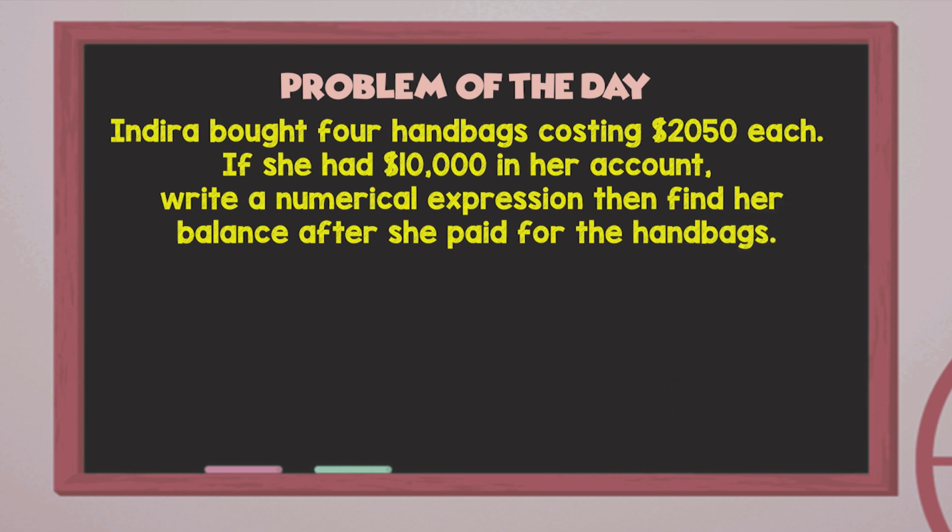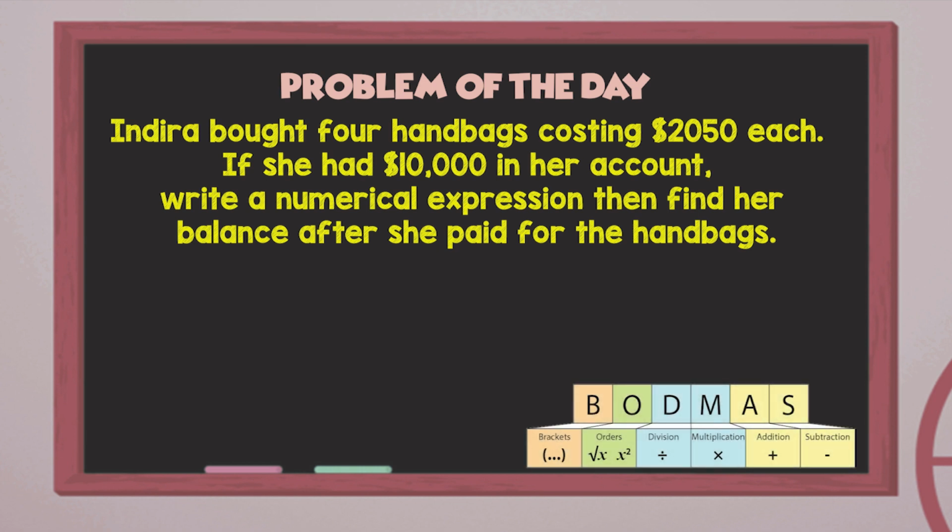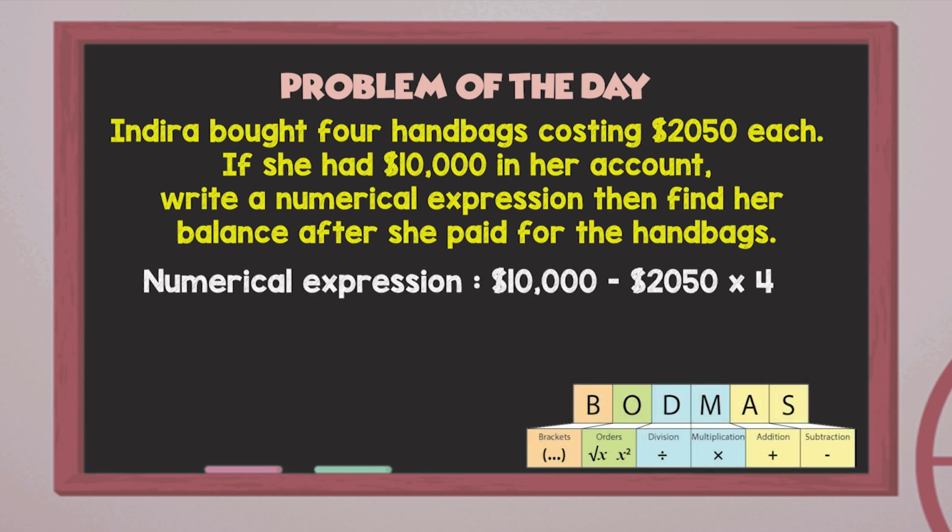Let's see what you have. Let me see if your problem-solving skills are up to mark. So let's first write our numerical expression. What do we know? That Indira bought 4 bags and each bag costs $2,050.